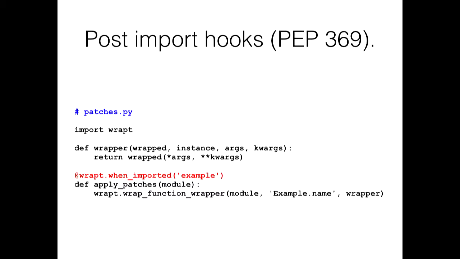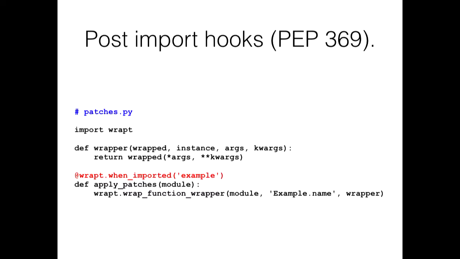So you could put a definition of this decorator, which says when imported, module example. And that's not actually doing anything at that point. If later on the example module is imported, then this will fire off and apply the patch. And you can apply that patch before anything gets it. So where we have from example import function, this would have got in first.